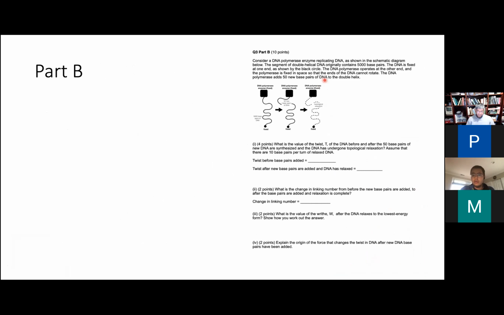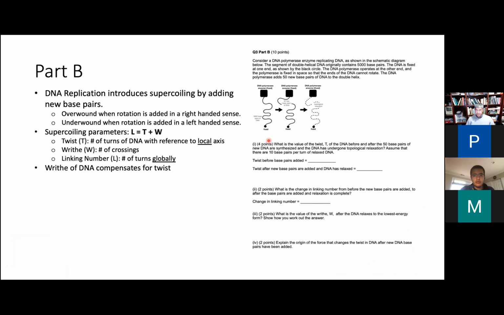This question focuses on supercoiling. And just as a primer of the basic concepts you need to know to answer this question, DNA replication introduces supercoiling by adding new base pairs. When you're twisting DNA in a right-handed sense, you're overwinding it.